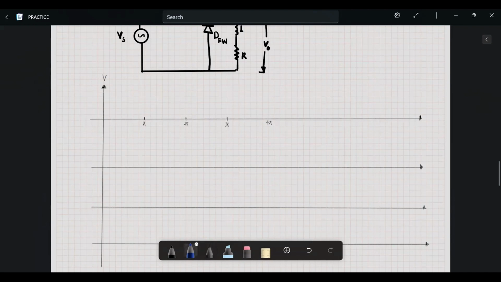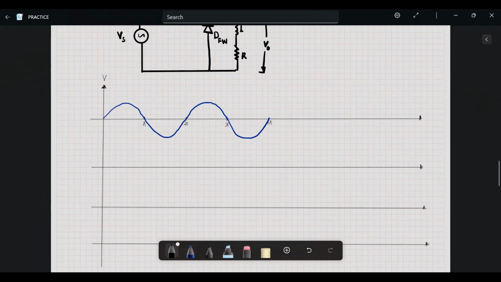Now let me put the input voltage. I decided to draw for just 2 time periods.